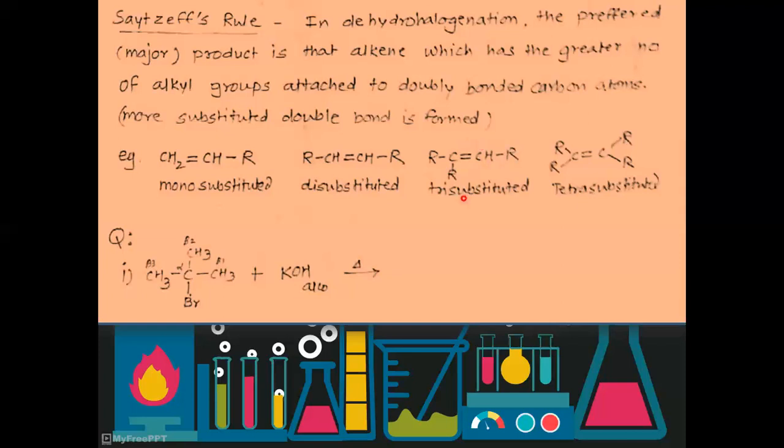So it is a tri-substituted alkene. Now it is clear, this is tetra-substituted. So these two doubly bonded carbons, their hydrogens are replaced by two alkyl groups on each, and this carbon also has two alkyl groups by replacing two hydrogen atoms.